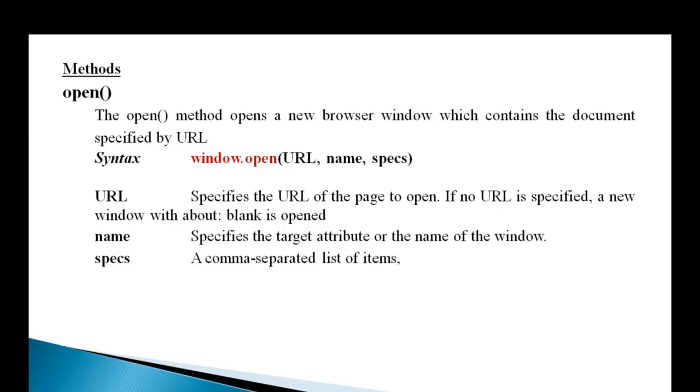First we have window object with open method. The open method opens a new browser window which contains the document specified by the URL. Here in this window object, we have URL, name, and specs.